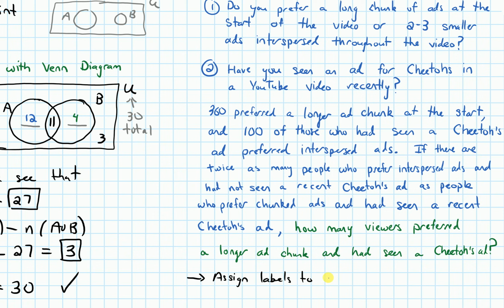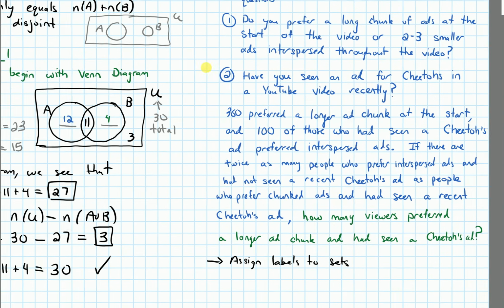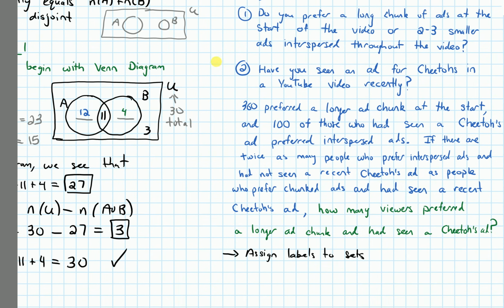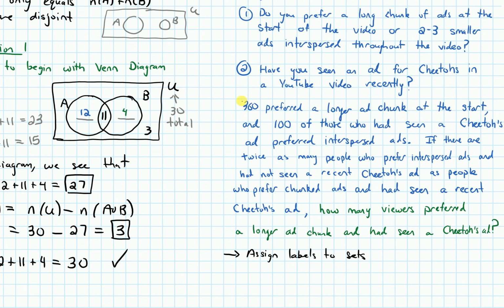to our sets. So let's call our sets something. Because there's two questions being posed here, and the numbers that the question gives us, like 360 or 100, they refer to the number of people in various sections within those sets. We should call the set something like A or B. Okay, so the first question is talking about, do you prefer a longer ad chunk or no?